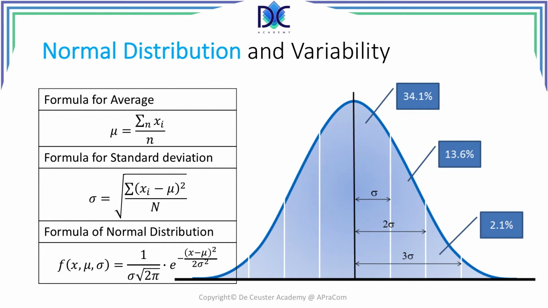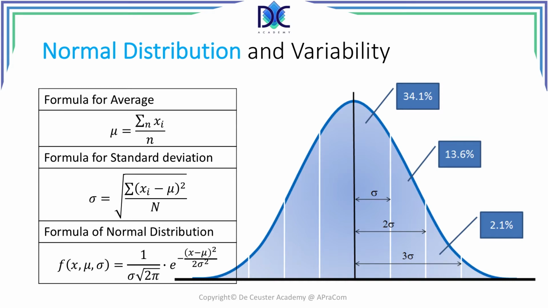The remainder to the right is the remaining part of the right-hand side of the graph. And since the normal distribution is a symmetrical distribution, the surface to the left and to the right is equal to 50%. The total surface is always 100%.